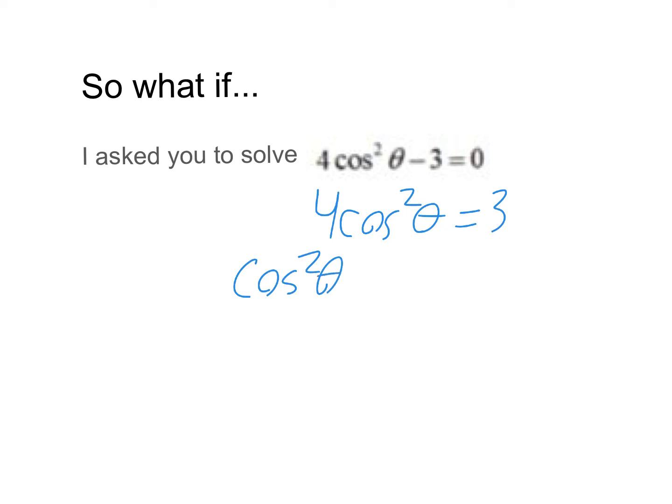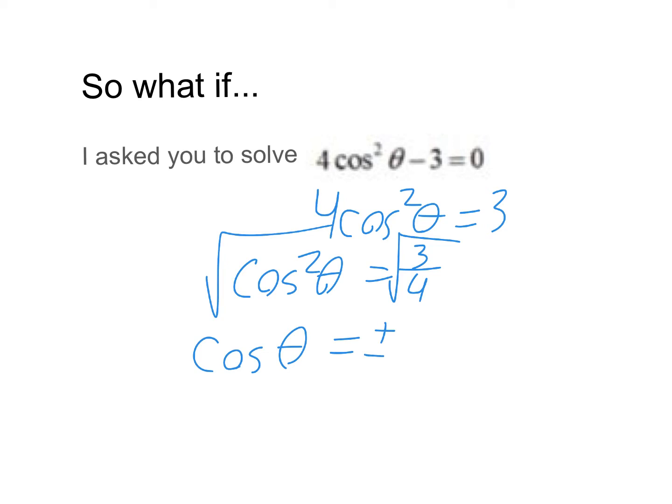Cosine squared of theta equals 3 over 4. Take the square root of both sides. Cosine of theta is equal to plus or minus square root of 3 over 4, which we know from the previous slide will eventually give us plus or minus the square root of 3 over 2.